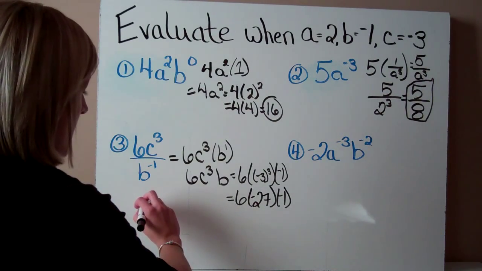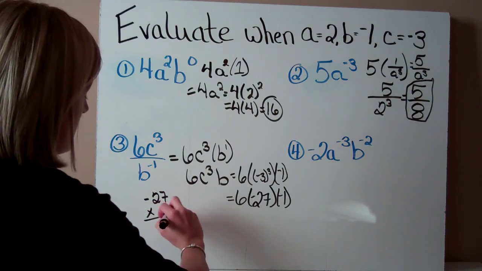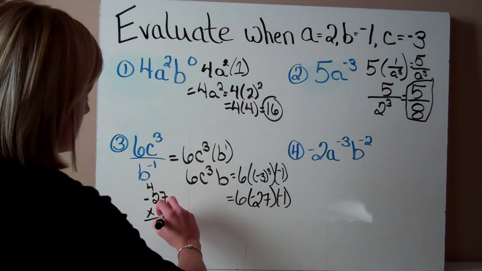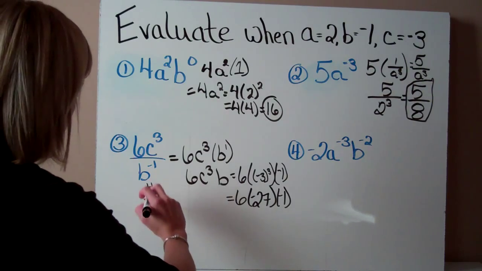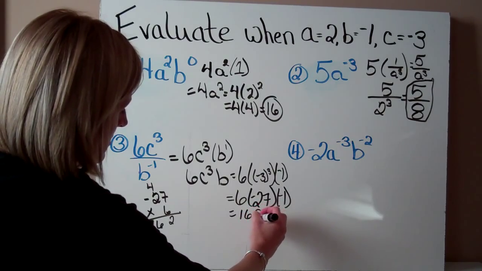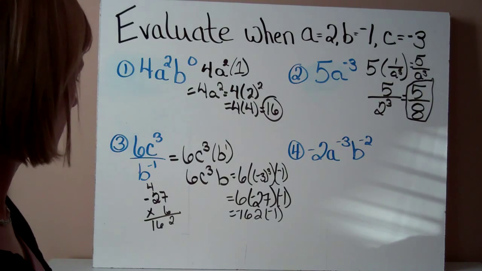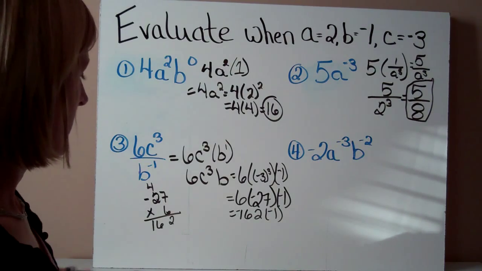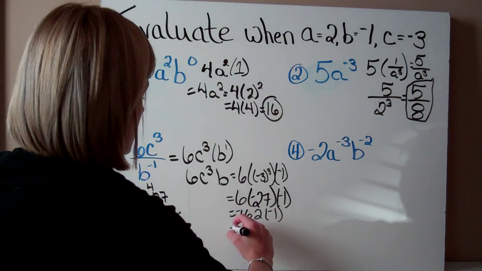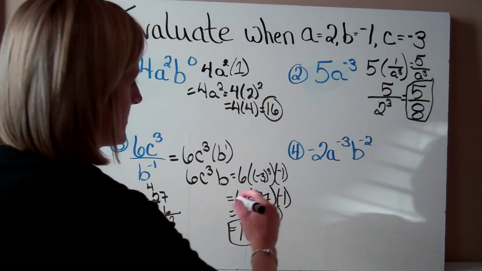Well, I don't know at the top of my head, so I'm going to go over here. 6 times 7 is 42. 6 times 2 is 12. Add 4 is 16. 162. That's negative. We still got to multiply by negative 1. Now, negative 162 times negative 1 is going to be a positive 162 for your answer.